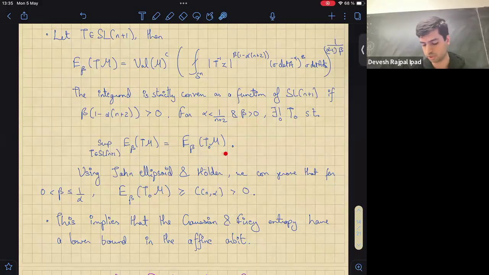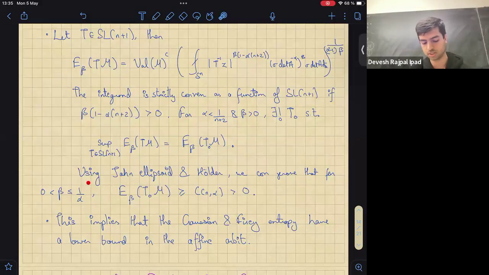And this quantity, there exists a unique position in the affine orbit related to the supremums of these entropies.